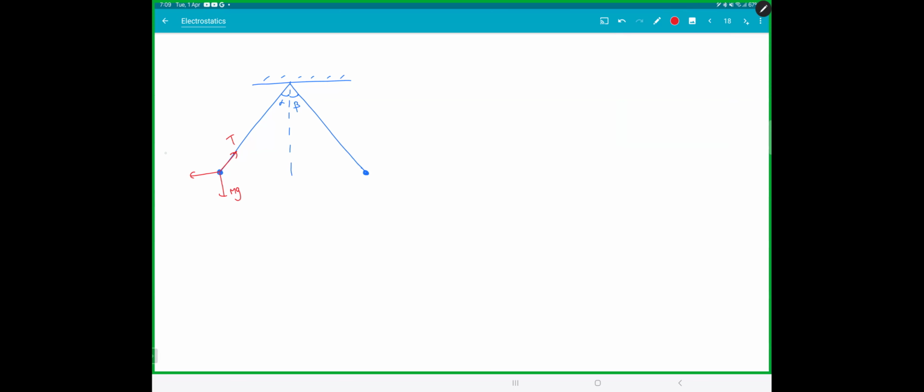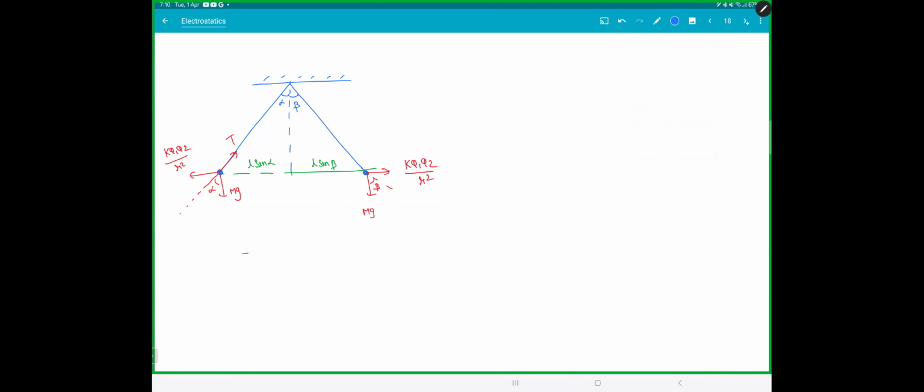This will be mg. This angle will be alpha. Similarly, this repulsion will be KQ1Q2 by R square. This will be mg. This will be beta. R is this distance between them. This would be L sine beta, and this will be L sine alpha.